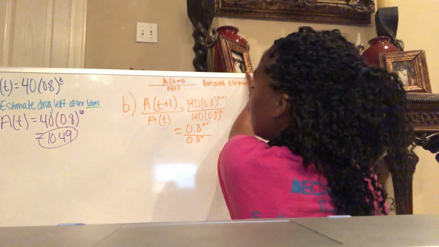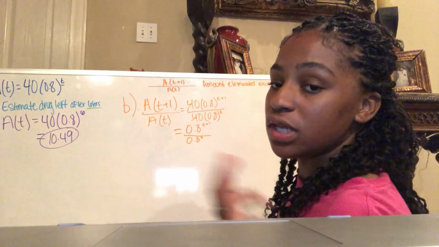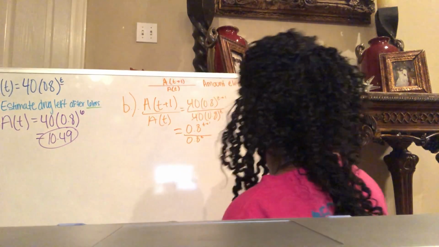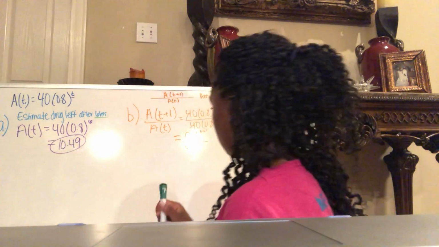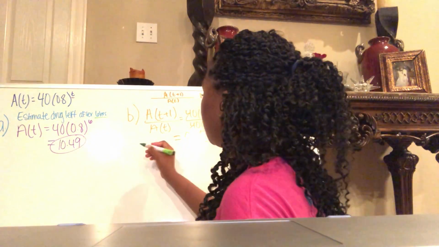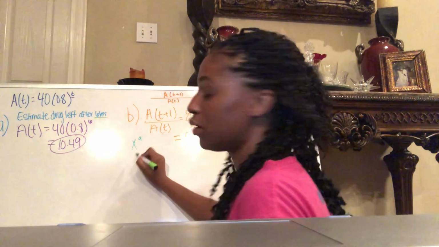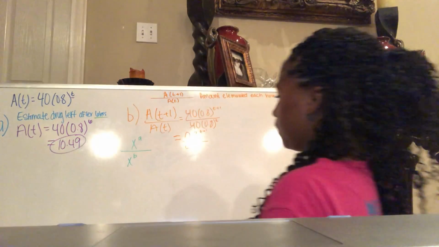From there, our next step after we divide is to use the exponent rule. If you don't know the exponent rule, I'm going to write it in a different color. It's x to the a power over x to the b power.